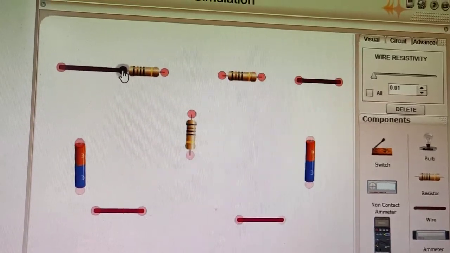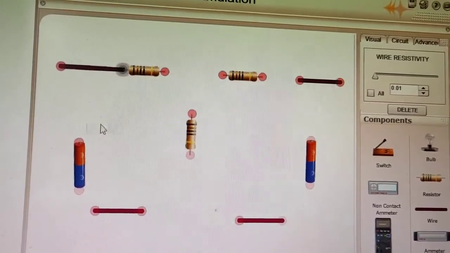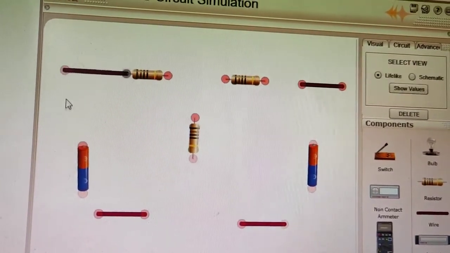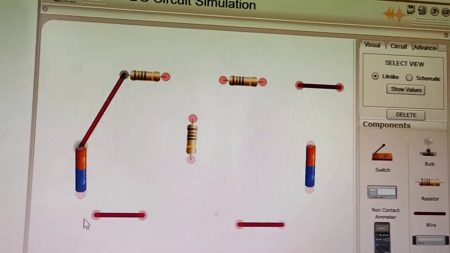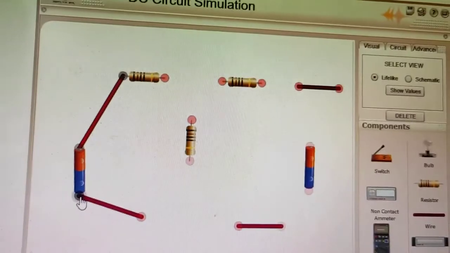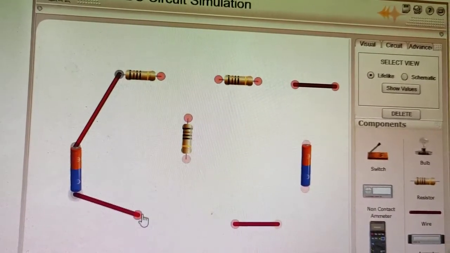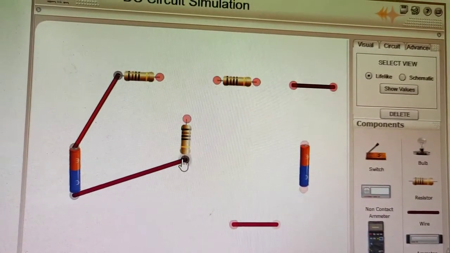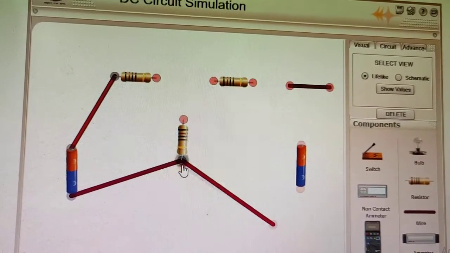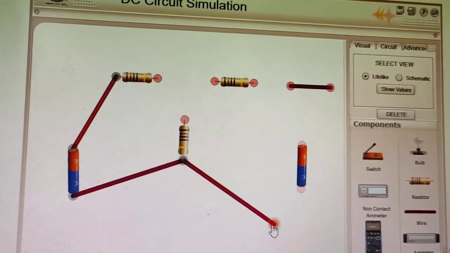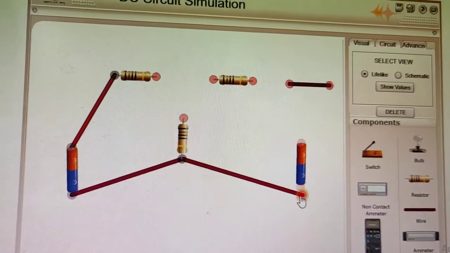Unless and until that dot becomes black, there is no connection. So just make the connections as shown in the circuit diagram.